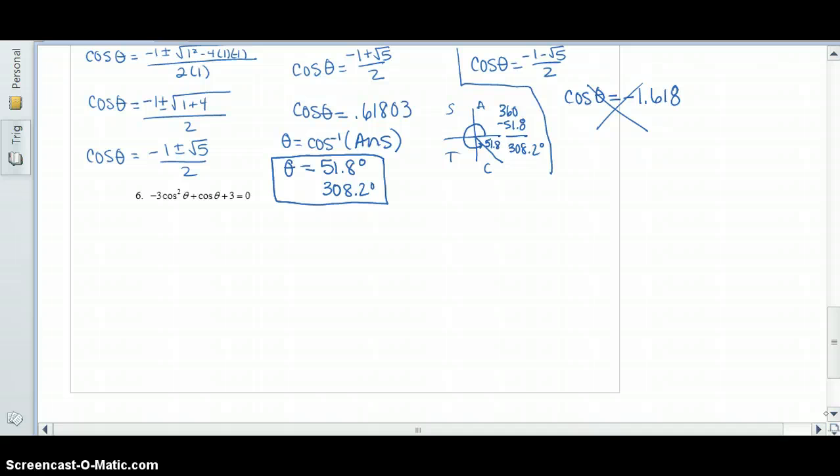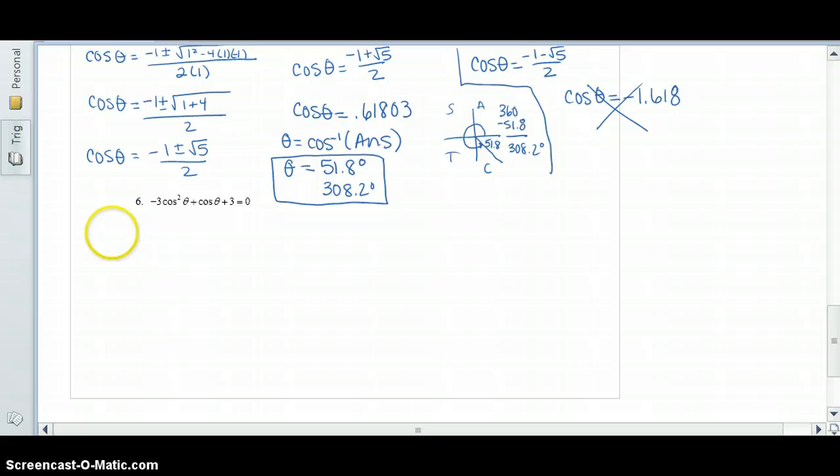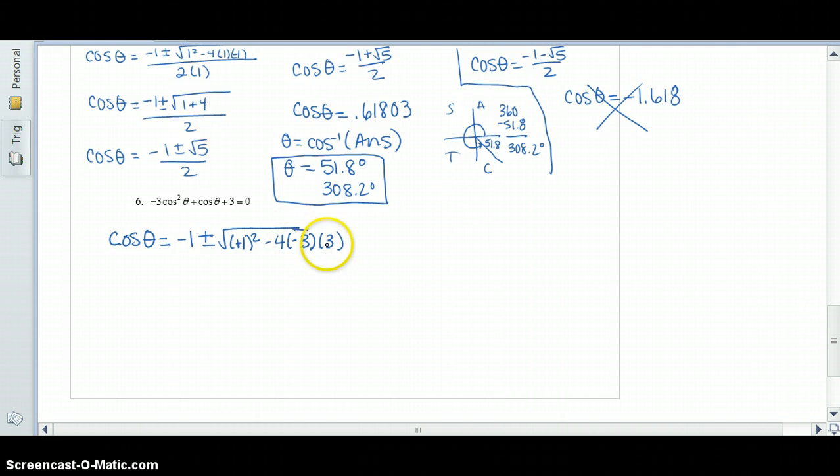So now we're going to do one more of these. We've got -3 cosine squared theta plus cosine theta plus 3 equals 0. So cosine theta is equal to the opposite of b plus or minus the square root of b squared minus 4ac, all over 2 times a.